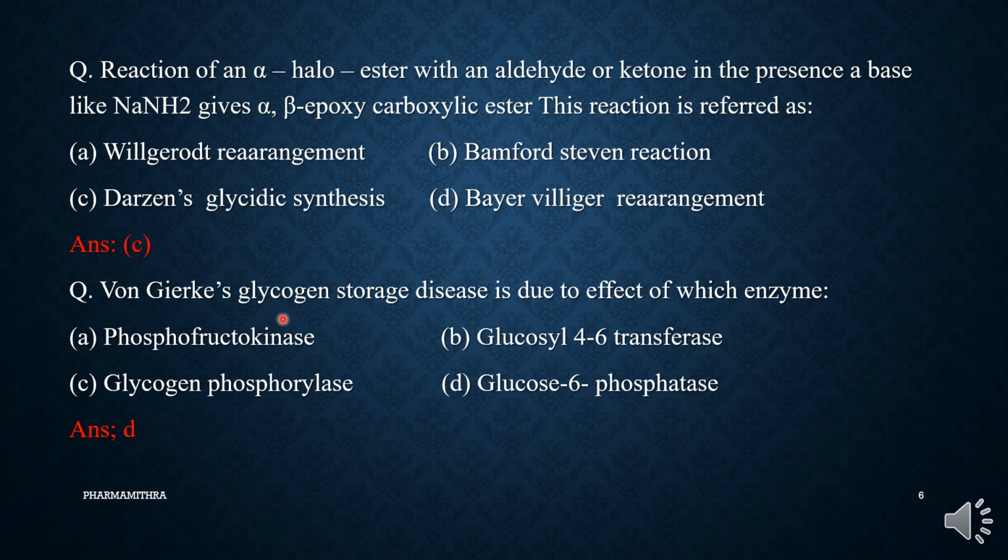The reason is a defect in the enzyme glucose 6-phosphatase, and its deficiency results in von Gierke's disease. This is a group of inherited metabolic diseases. So option D is the right answer.